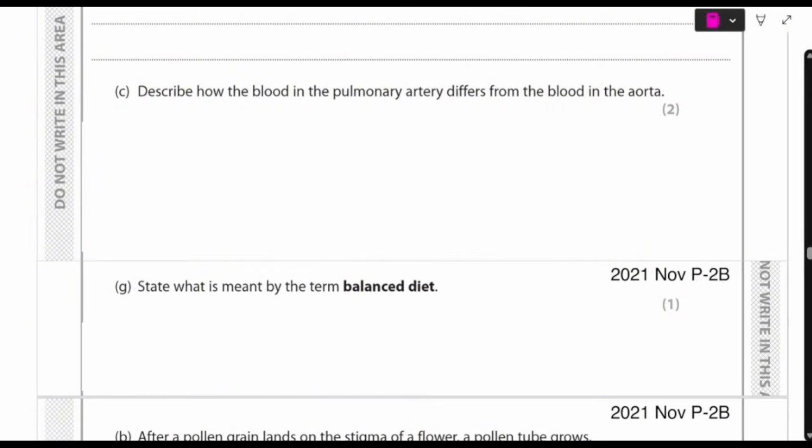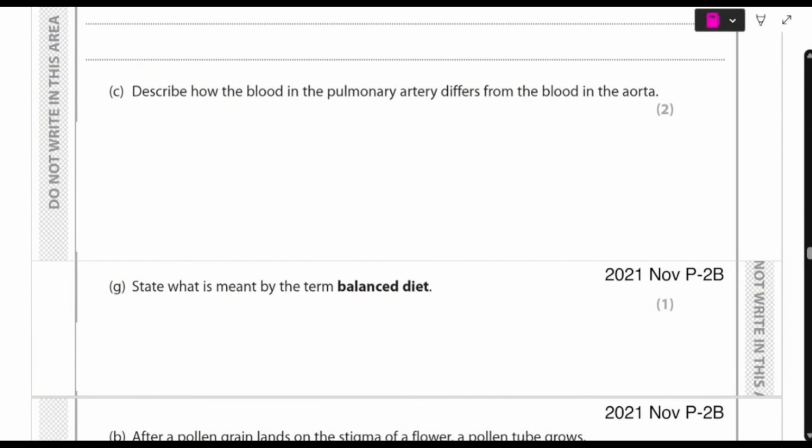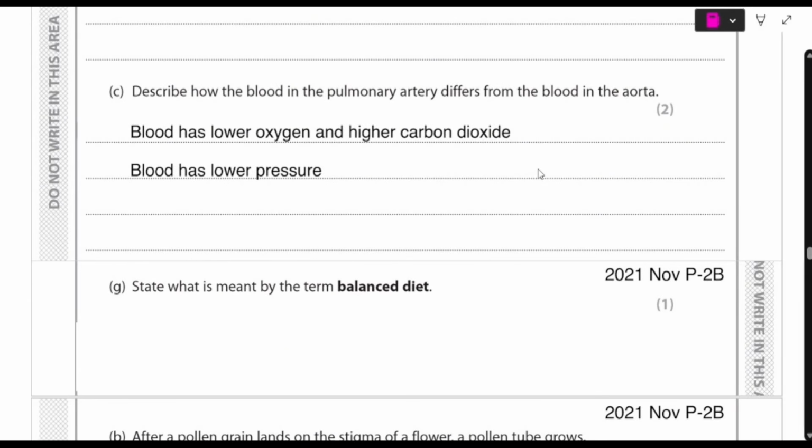So this is the difference, that pulmonary artery carries more carbon dioxide and less oxygen. And additionally, pulmonary artery has lower pressure because the right ventricle does not generate as much force as the left ventricle.